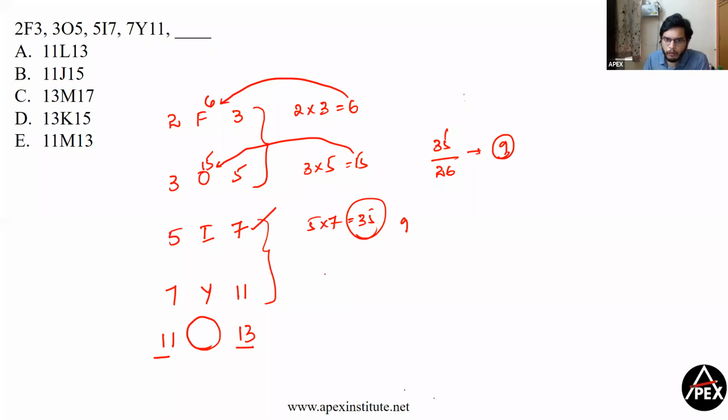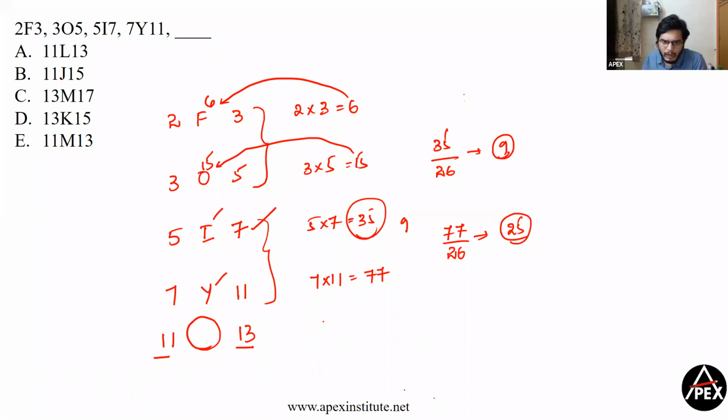Now let us check for the fourth term as well. So 7 into 11 is 77. So what is the remainder when 77 divided by 26? So 26 3s are 78, so the remainder will be 25, and the alphabet corresponding to number 25 is Y. So perfect. The logic which we have assumed is correct.